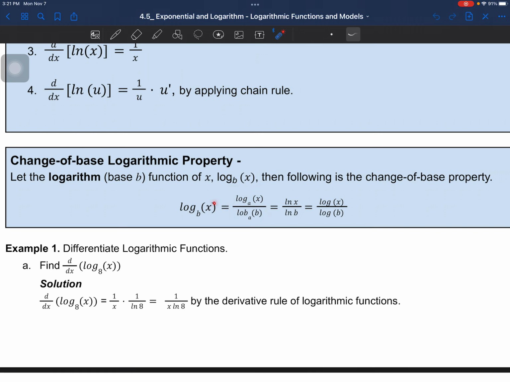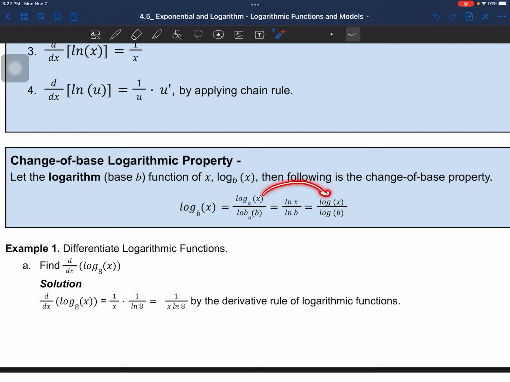So before, it was very practical for us to change the base of a logarithm. If you notice, this is equivalent to a quotient of logarithms. What you can do here is you take the log of x all over the log of b.